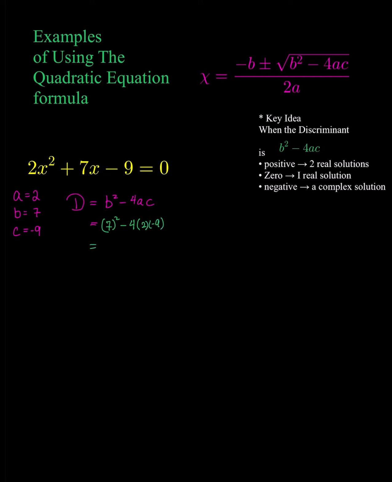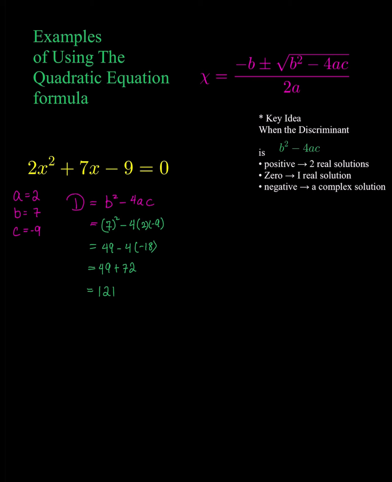Recall that the square of 7 is the same as 7 times 7, which is equivalent to 49. And the product of 2 and negative 9 is negative 18. Negative 4 times negative 18 is equivalent to positive 72. And then when you add the values of 49 and 72 together, you get a value of 121.